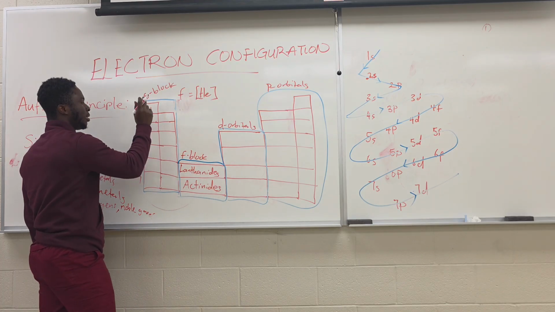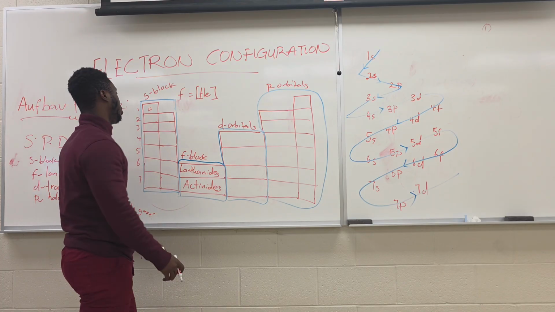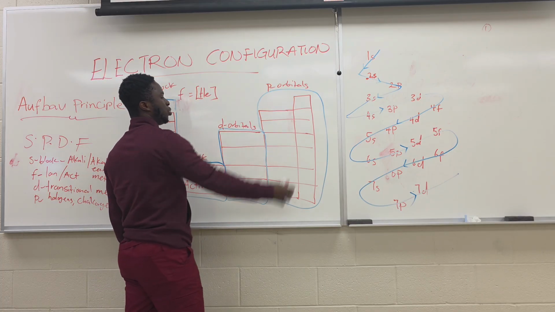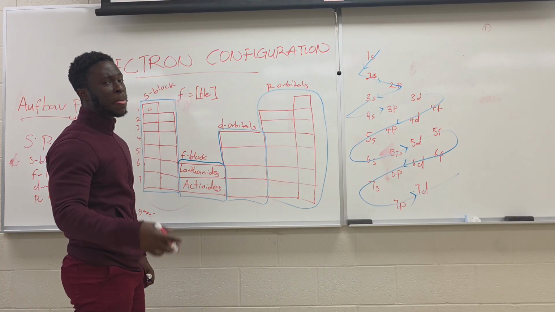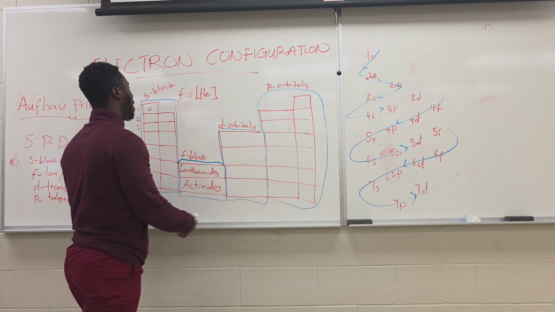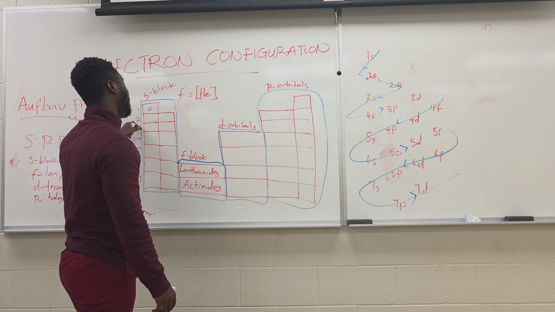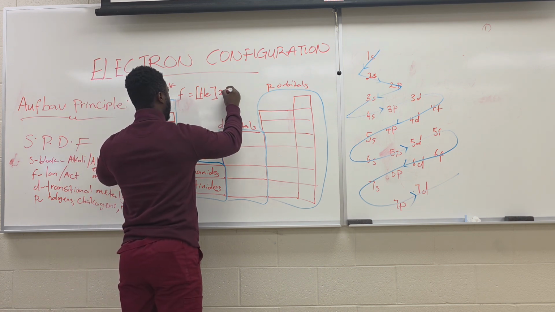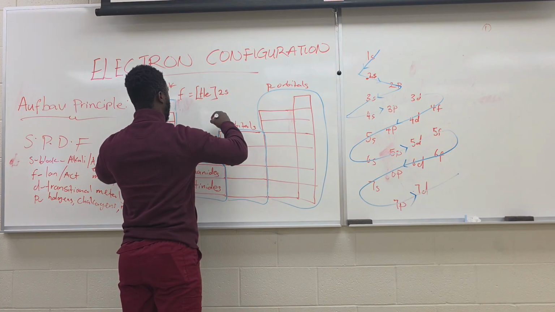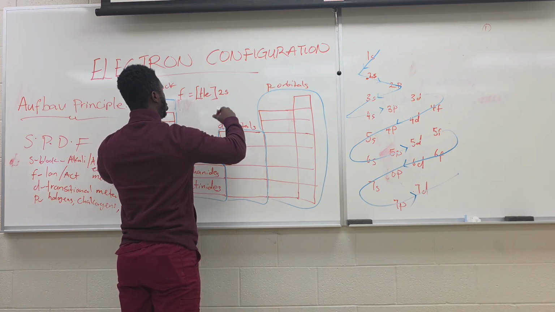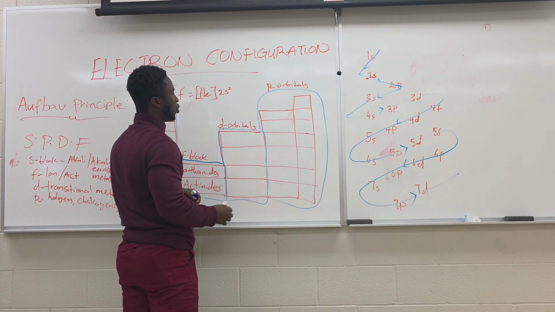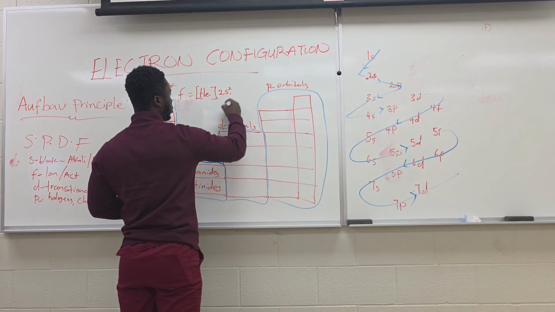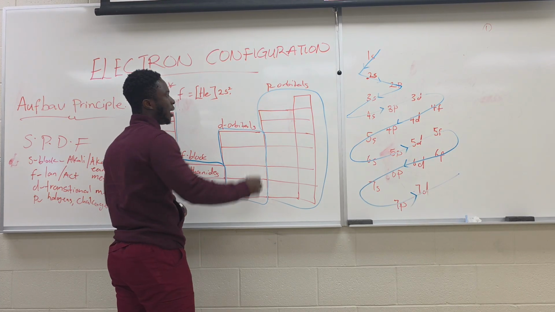It has taken 1s1 and then 1s2. It has taken both of them. So the next one that would come here is we're gonna start here, right? So we go like the 2s. The 2s will take what? 2 electrons, and then we go to over here is the p orbital, right?